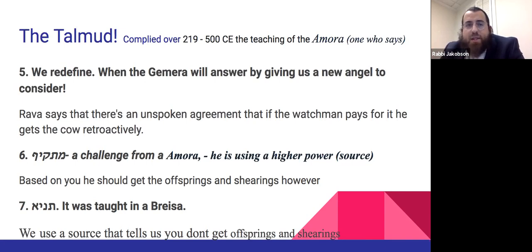So retroactively, you sold me the cow. And in Jewish law, that is something that is accepted. You could buy things retroactively. I'm sure there are some people in this class who know a lot more than me about this in American law. But the one example I think of, and again, I don't know how it works in Georgia, but I can imagine it's the same: my sister bought a house in New York, and retroactively she had to pay all the fines that the house got over the past many years.